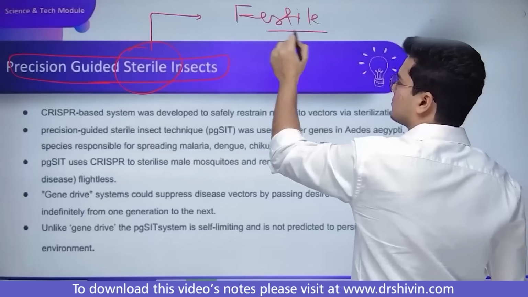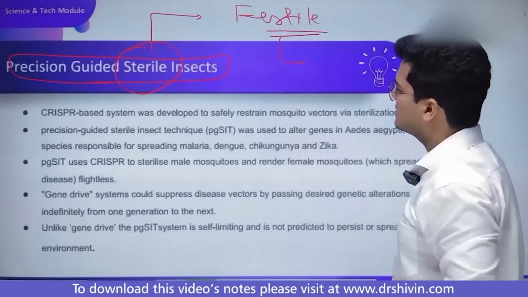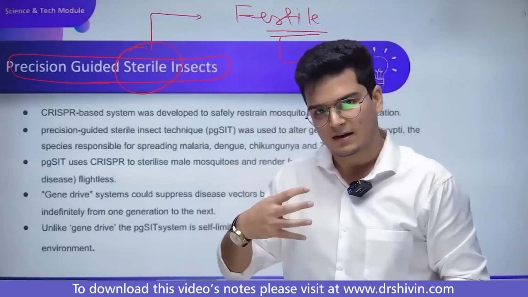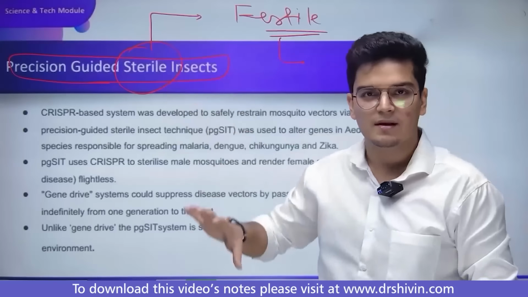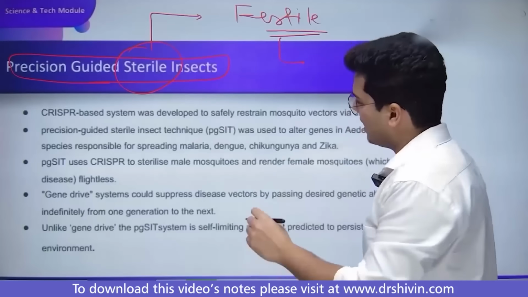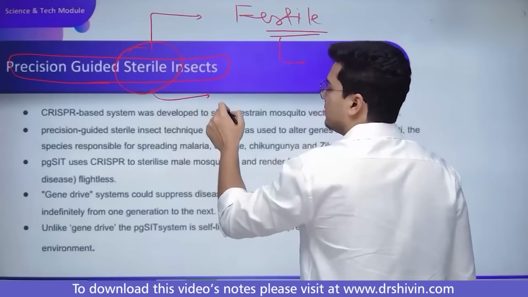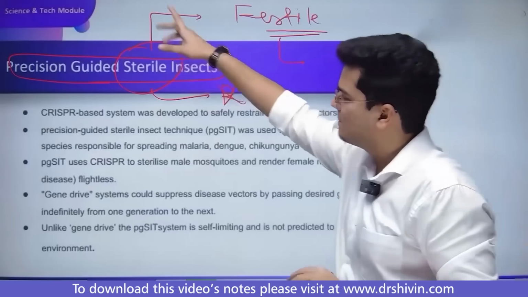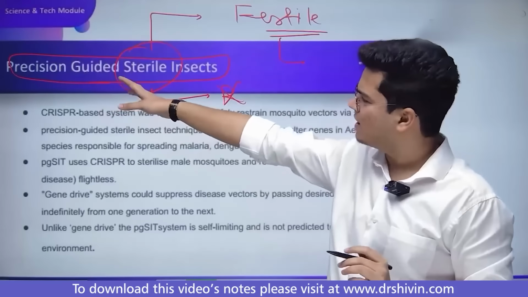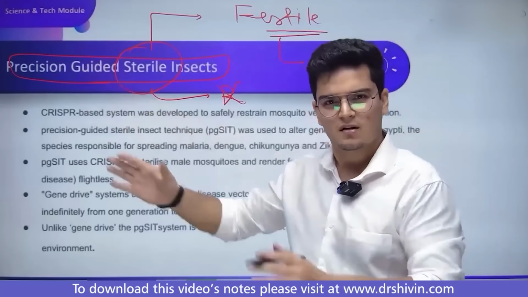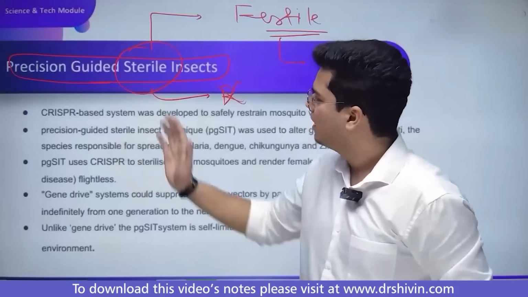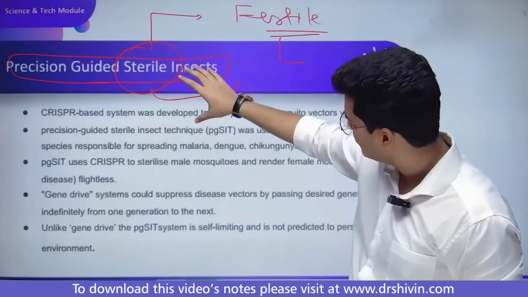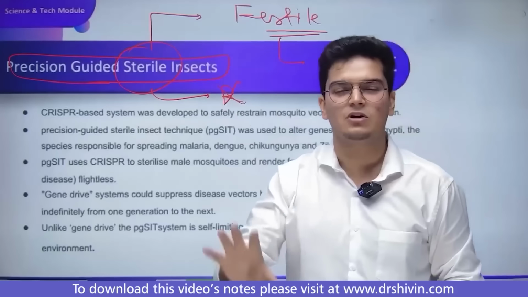Fertile means that I have the ability to produce children. Sterile means that I don't have the ability to reproduce. Sterile insects. Precision guided, I'm sure you can understand it has something to do with CRISPR. So I'm making insects that don't have the ability to reproduce.